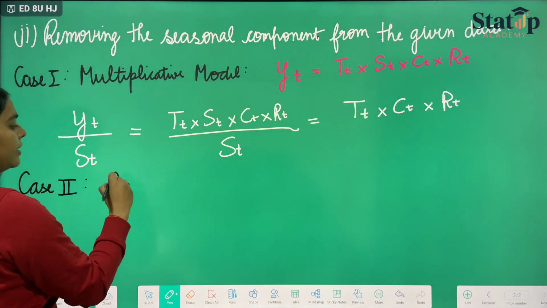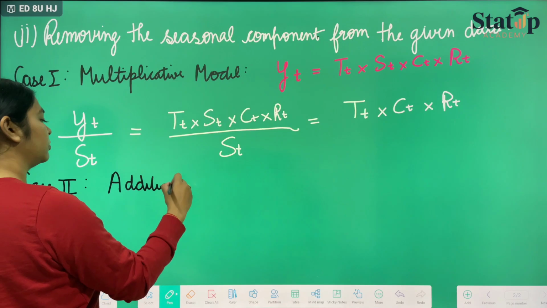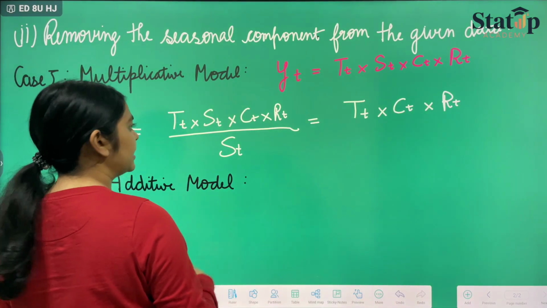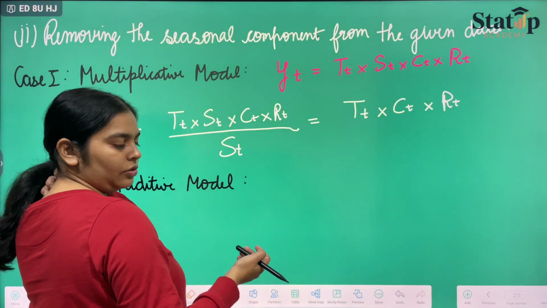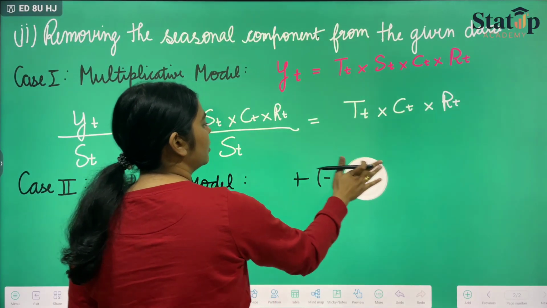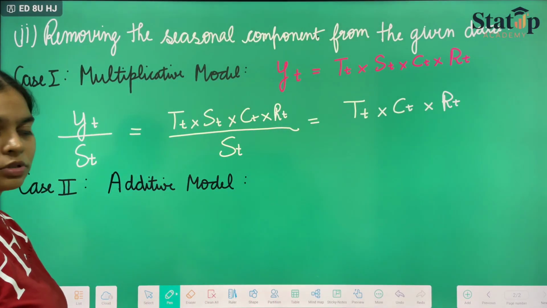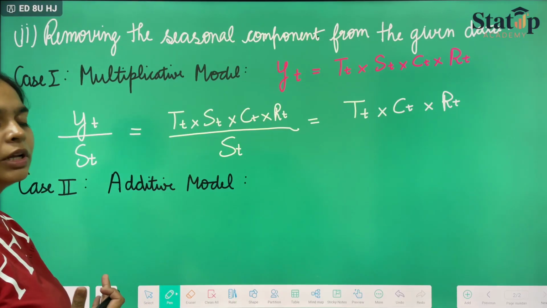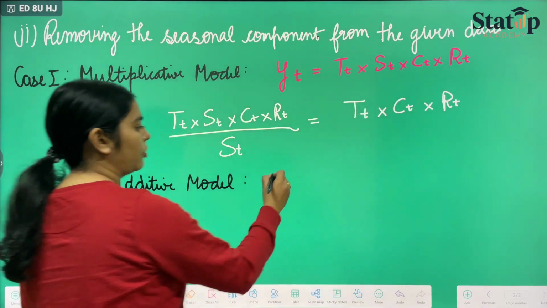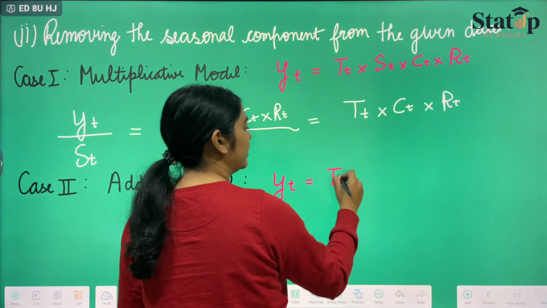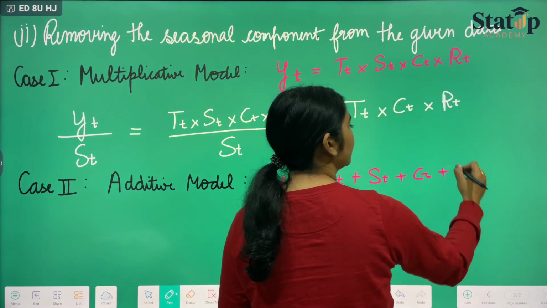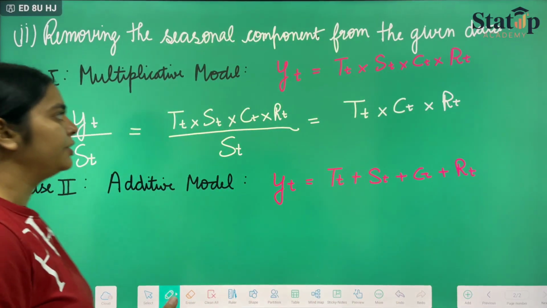And case 2 is when we have an additive model. Additive model means that all the components are in addition. These can be addition or subtraction, whatever sign you can write; you can write plus, minus, ST like this also. So addition is similar to subtraction, and multiplicative is equal to divisive model. The model here is YT equals trend plus seasonal plus cyclical plus random, the sum of all these four components.